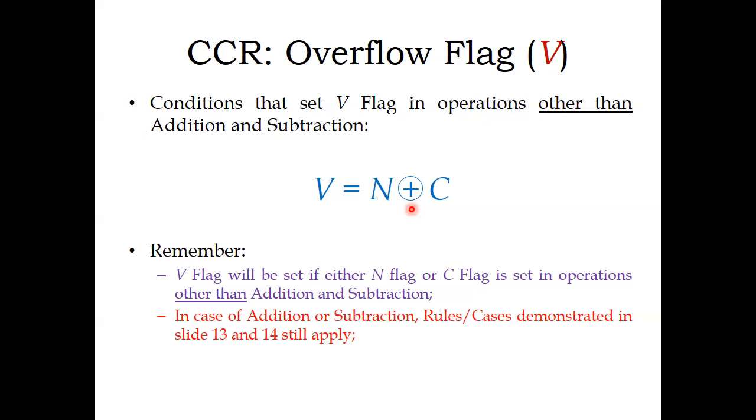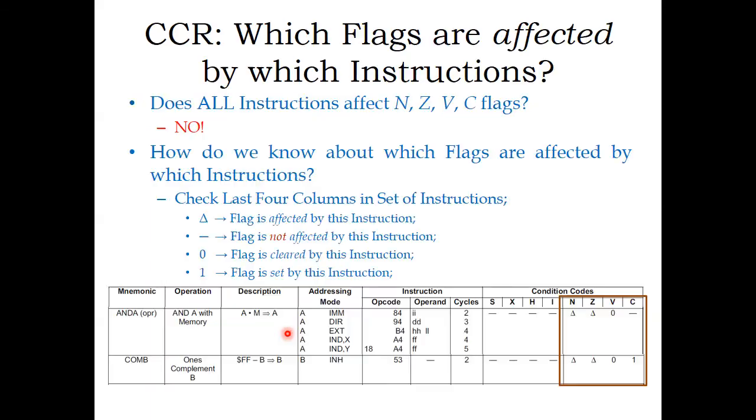So your N flag and C flag will determine the V flag, in case you are not doing a subtraction or addition. You know what happens in case of addition and subtraction from the last slide. This formula applies only when you are doing something other than addition or subtraction; the addition and subtraction rule still applies from the previous slide.